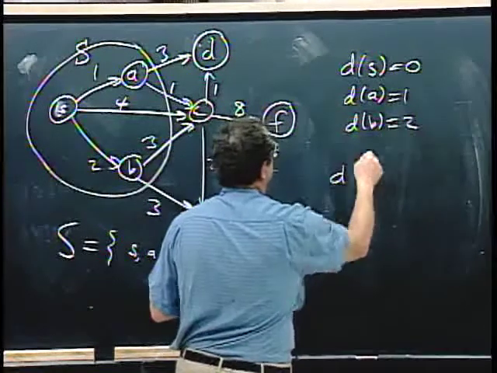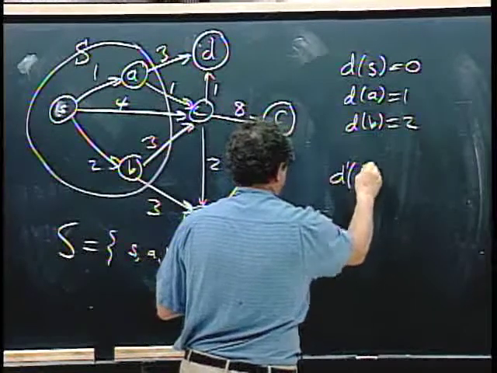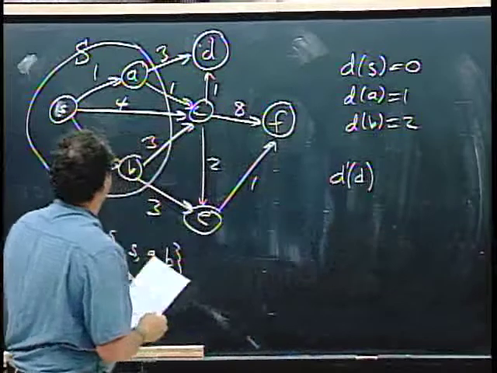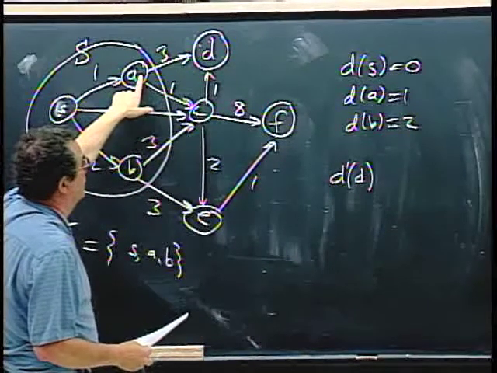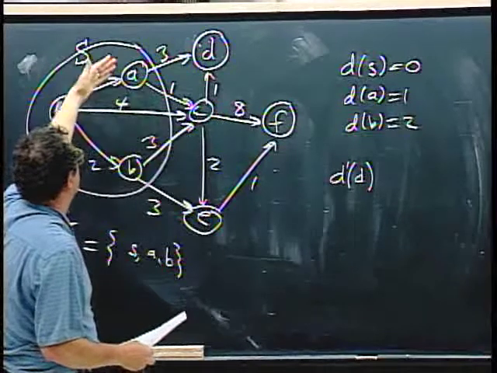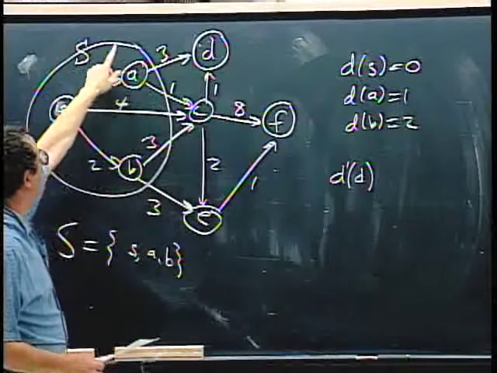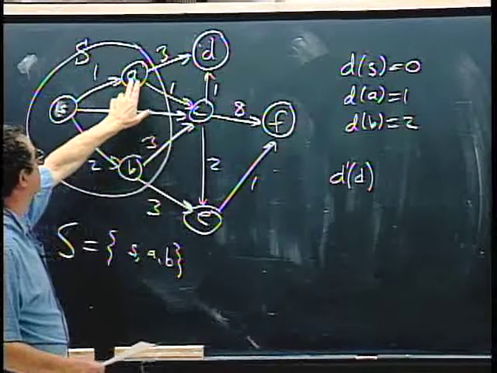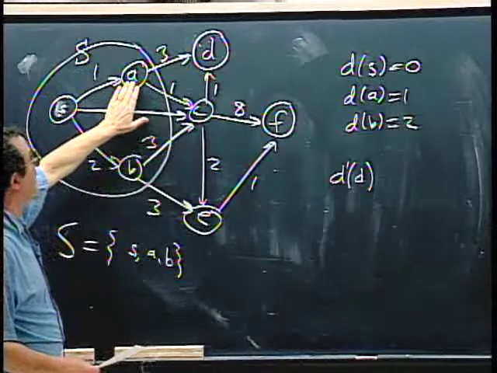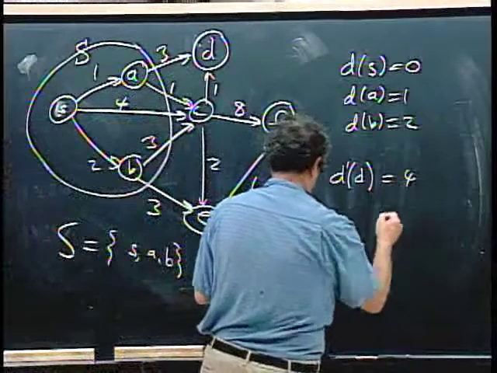But then what are the d prime values? These are the ones not in S. Let's look at d prime of little d. The only way we can get to little d through a node that's in capital S right now is through A, and d of A is 1, and then with this additional edge, d prime of d is equal to 4.